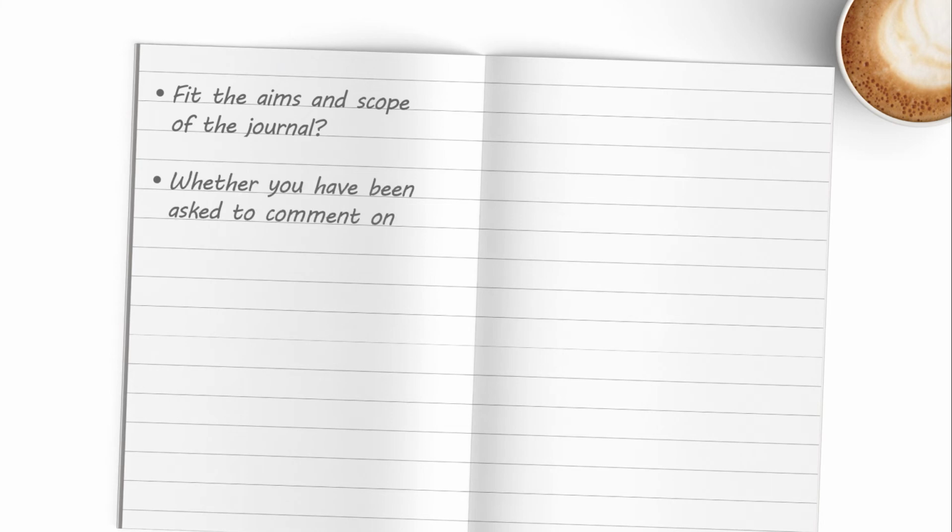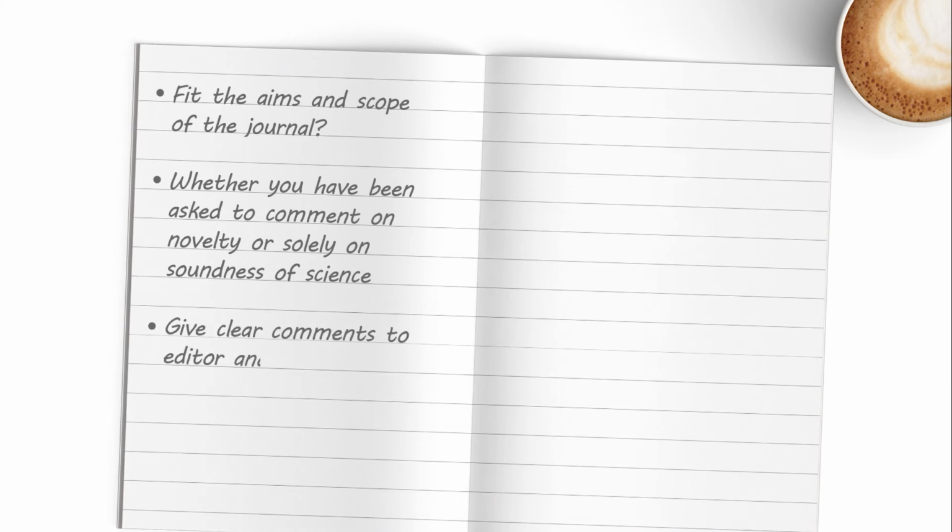When you are ready to give your feedback, take the following into consideration: the aims and scope of the journal, whether you have been asked to comment on novelty or solely on soundness of science. Give clear and detailed comments to the editor and author.